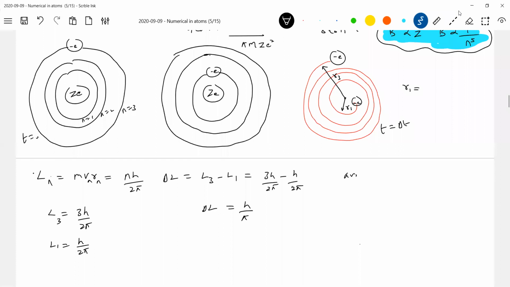So the average torque acting on the atom is equal to delta L by delta t. Delta t is what I'll give. And you know h and pi values, substitute, and you'll get the average torque. These are the types of questions that can be asked. I think there's no other way; we have to depend on this basic formula.